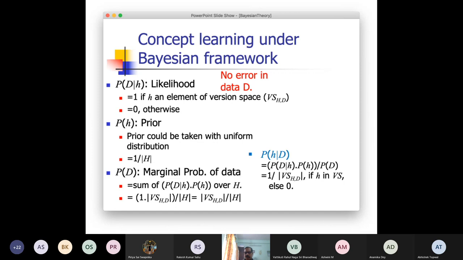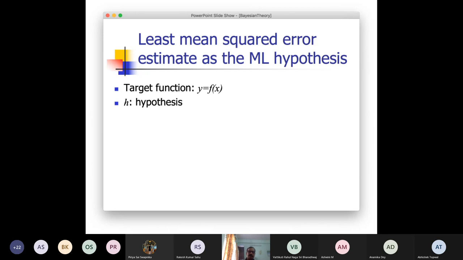If it is in the version space, then it is 1 by the size of the version space. That means any hypothesis in the version space can be selected, with all equal weightage. The hypothesis which does not belong to the version space, their posterior probability would be 0, which means they are not going to be selected.